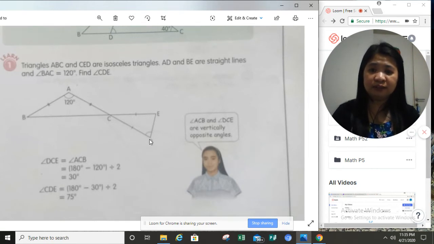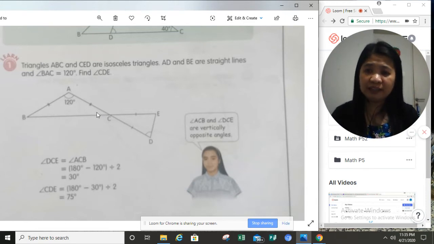Where is that one? This is the angle that we need to find out first. Why? If we find the angle here, we can also find the angle here because of vertically opposite angles. Now, how do we find this angle?